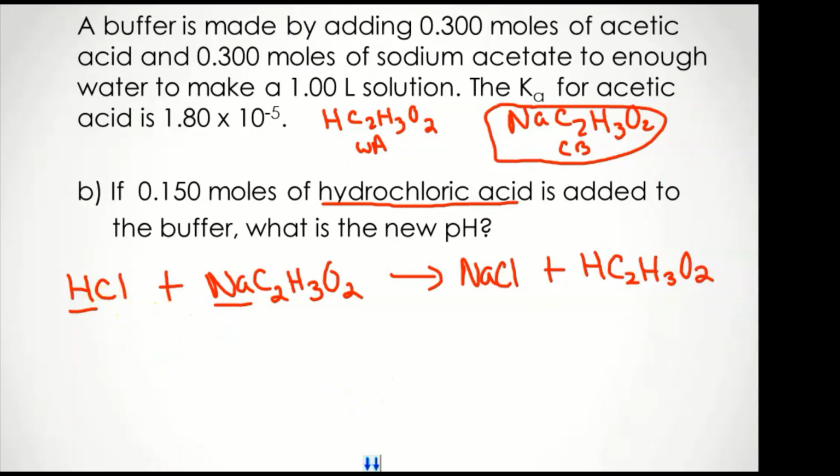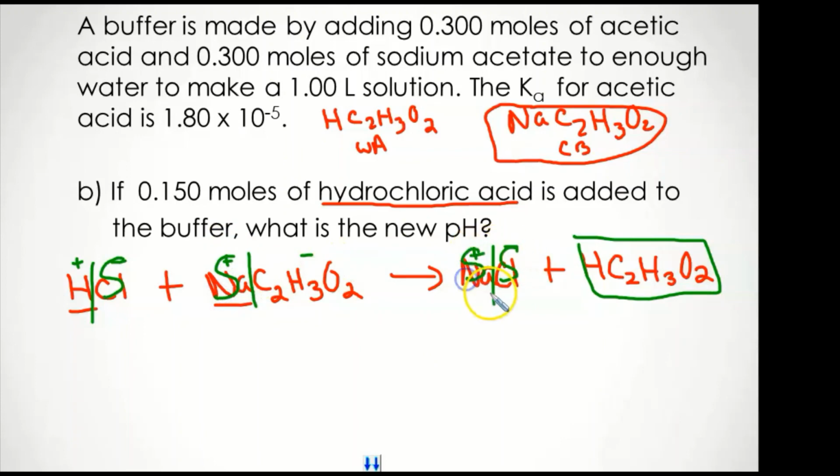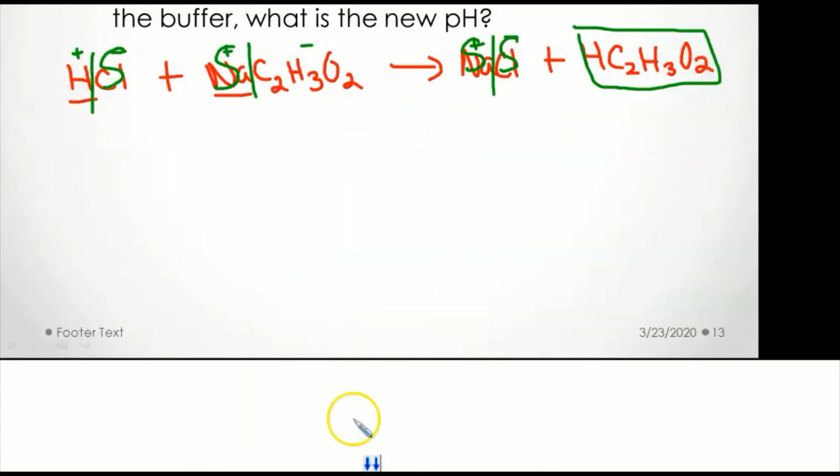Alright, so if we do net ionics, HCl is a strong acid, that's going to break apart. Sodium acetate is an alkali metal compound in water, that's going to break apart. And acetic acid is a weak acid. So hydrogen is not a spectator, chlorine is a spectator, sodium is also a spectator, acetate is not a spectator.